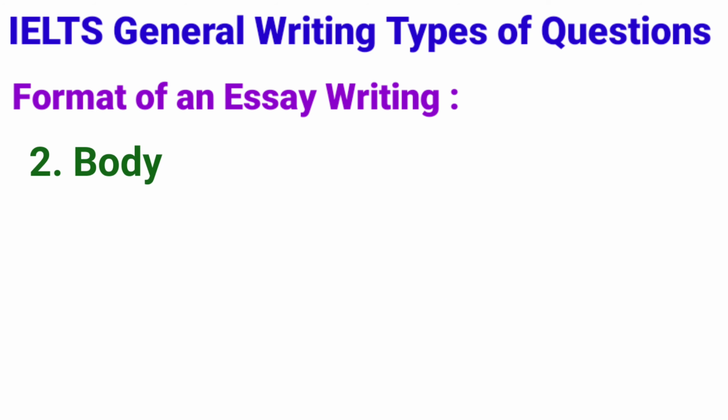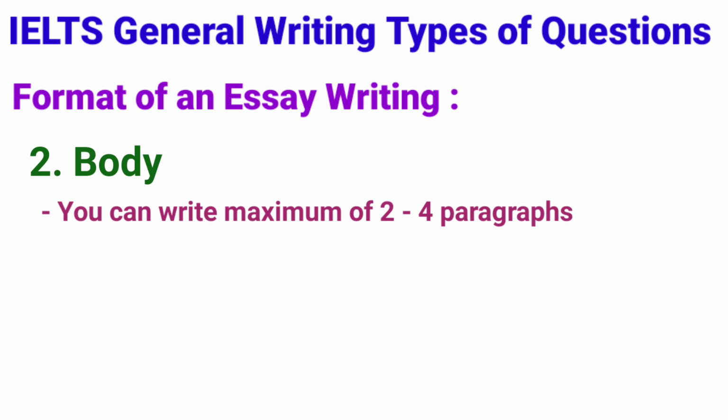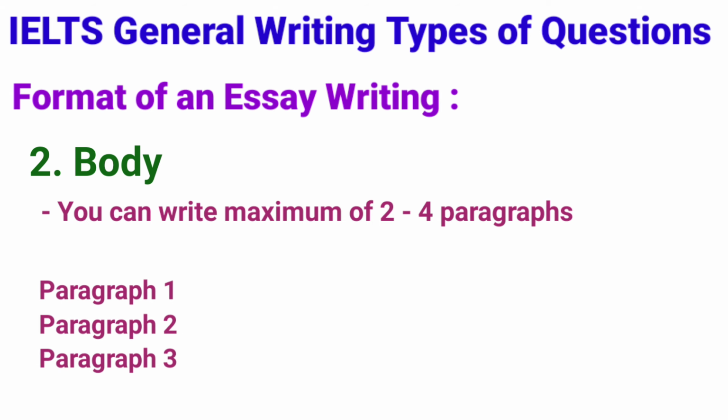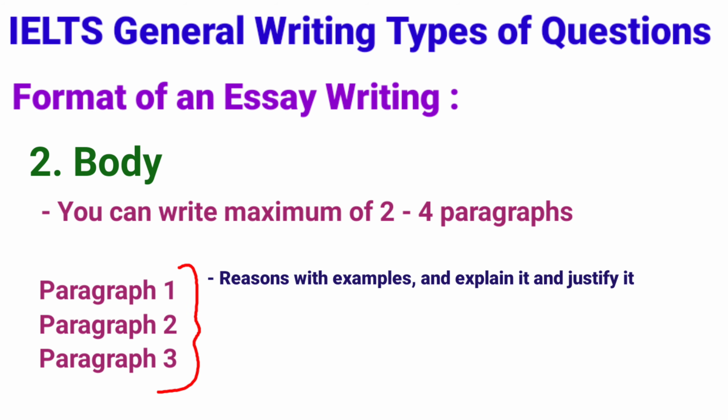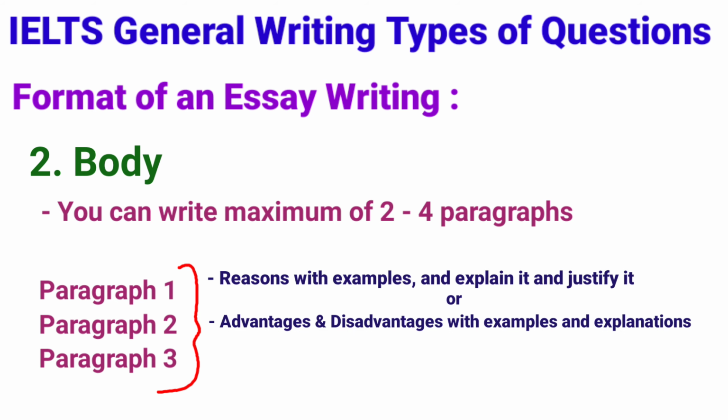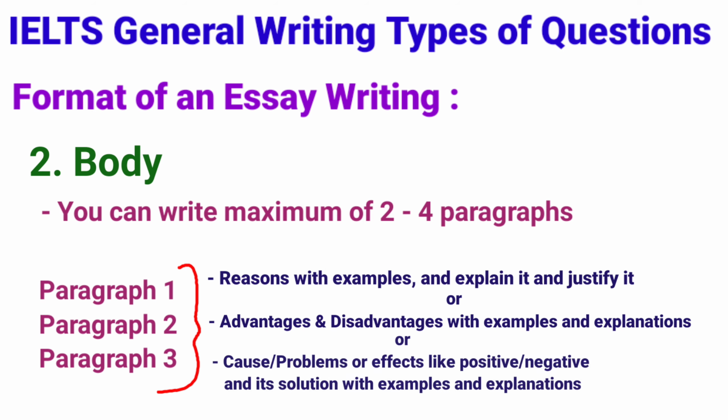Next is the body of an essay. In this, you can write a maximum of 2 to 4 paragraphs. Here I am giving 3 paragraphs, paragraph 1, 2 and 3. Here you can write reasons with examples and explain and justify them, or you can write advantages and disadvantages with examples and explanation, or you can write causes or problems or effects, positive or negative, and their solutions with examples and explanation.